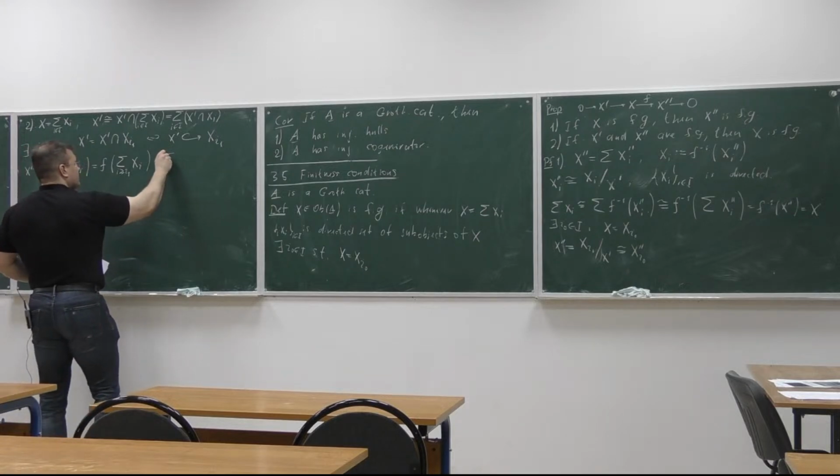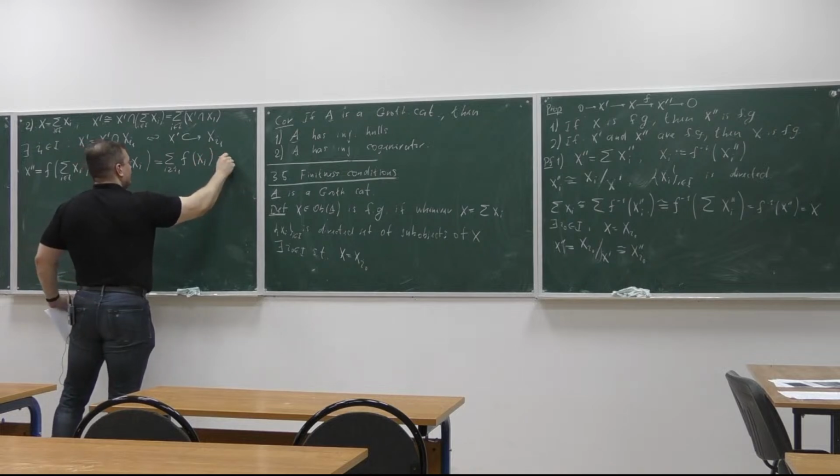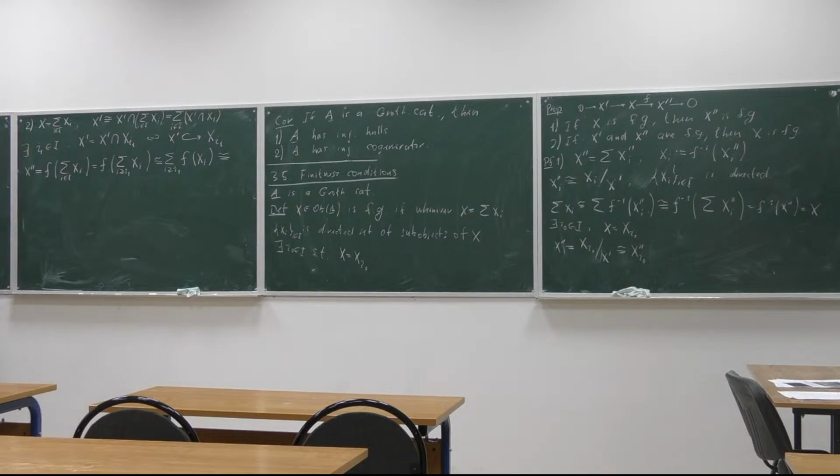So this will be the sum of f of the xi. Well, this thing I can rewrite again using the fourth isomorphism theorem as the xi modulo x prime.